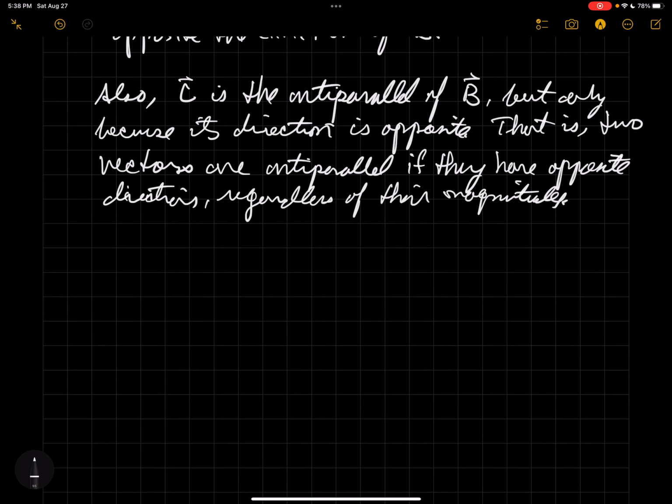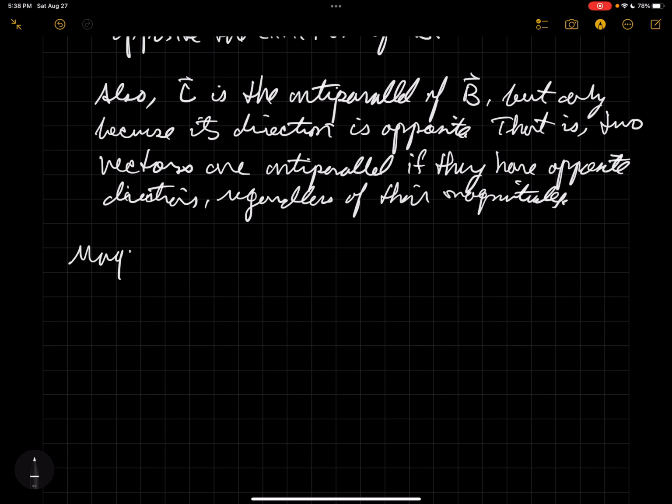Okay, so we've talked a lot about magnitude and direction, and we have some sense as to how one vector can equal another vector, or how one vector can be the negative of another vector. But we now need to really understand what we mean when we say the magnitude of a vector and the direction of a vector.